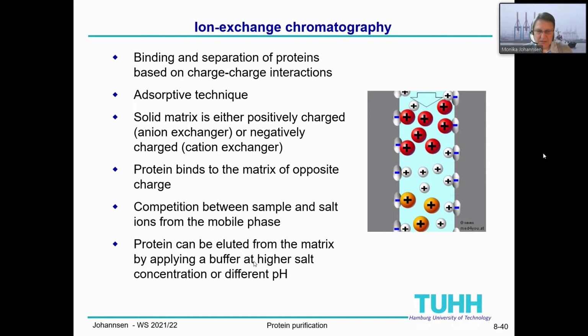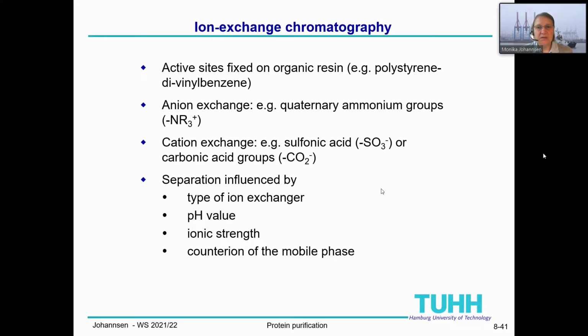So for elution we can use a higher salt concentration, or we can also use a different pH, which might change the charges of the proteins. In ion exchange chromatography, we have active sites fixed on an organic resin.